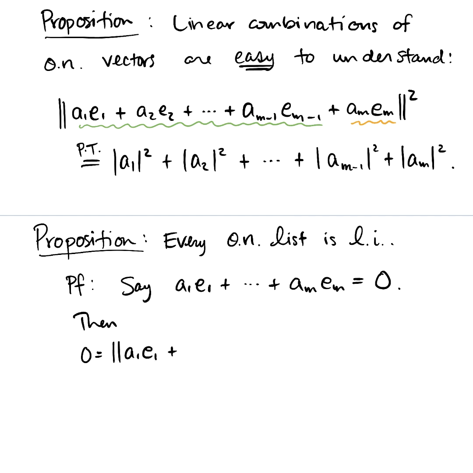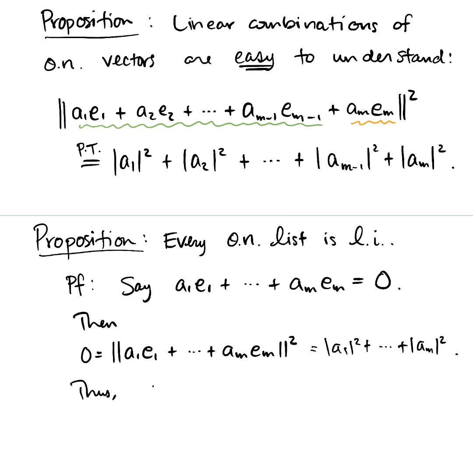After all, the linear combination is 0. But by the previous proposition, we know the square of the norm of that linear combination is just absolute a1 squared plus ... absolute a_m squared. So that means all the a's had to be 0.